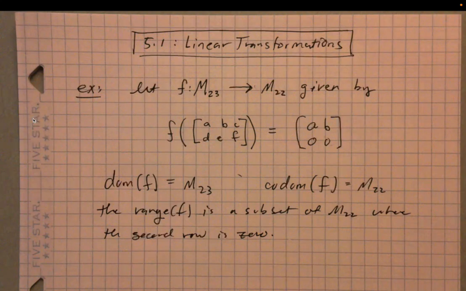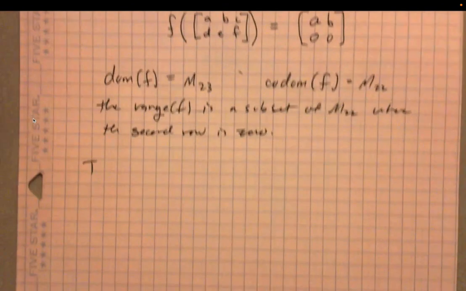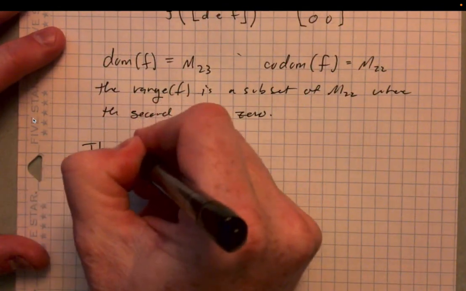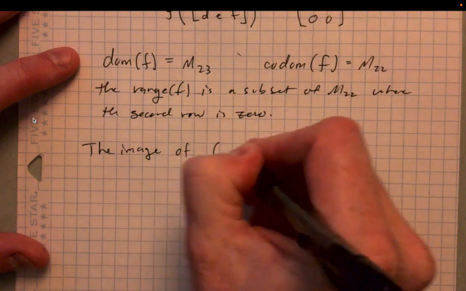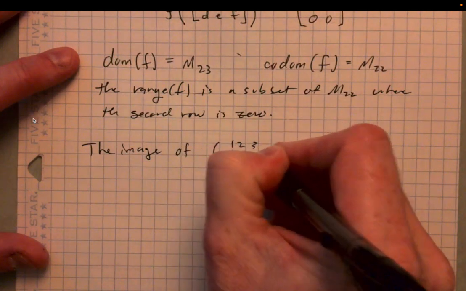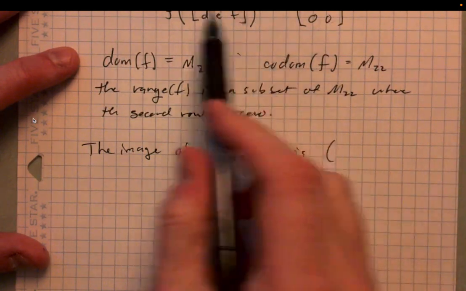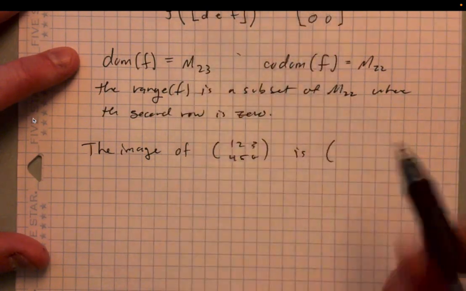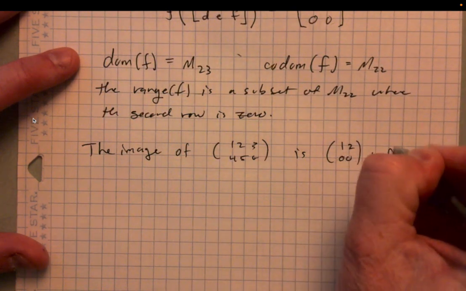Now notice there are lots of elements in M23 that map to a given M22 element. So for example, the image of the matrix 1, 2, 3, 4, 5, 6 is what? Well, basically A and B are the only things to get mapped over, so it's 1, 2, 0, 0 under f, right?